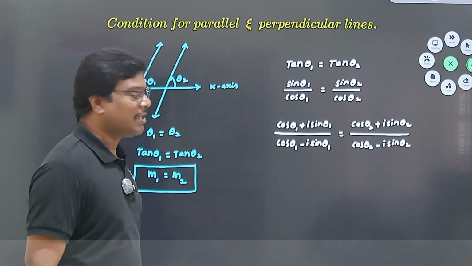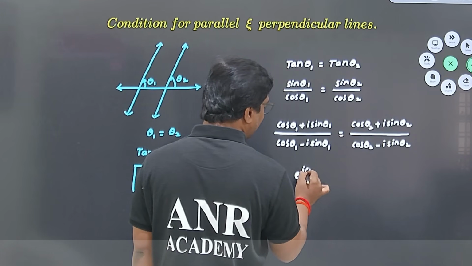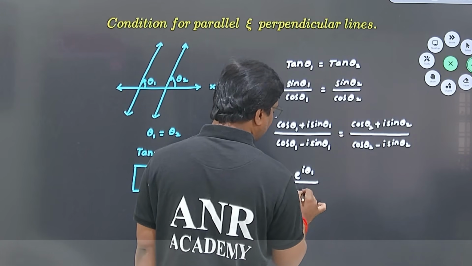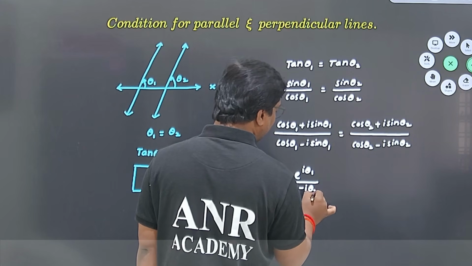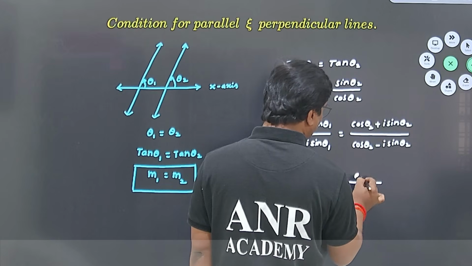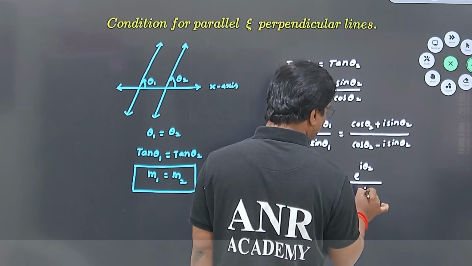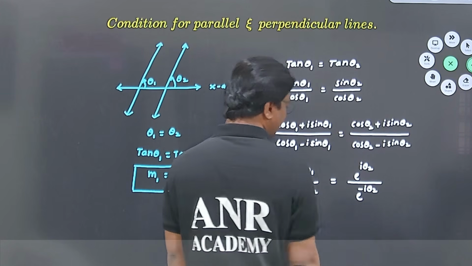You know that they are unimodulars. First one here, e power i theta 1 divided by e power negative i theta 1. Right part, numerator e power i theta 2 divided by e power negative i theta 2.